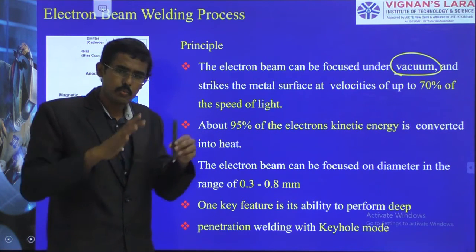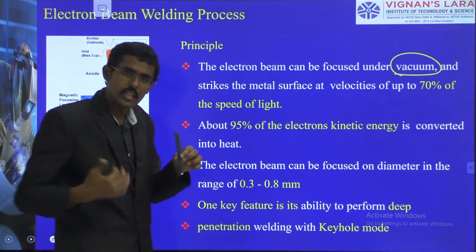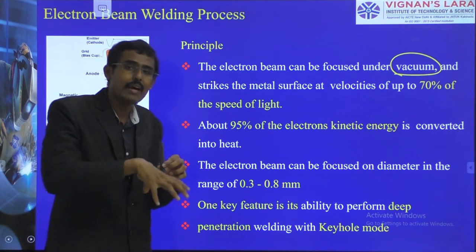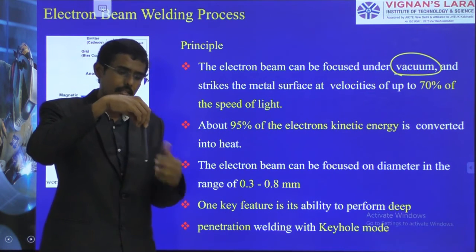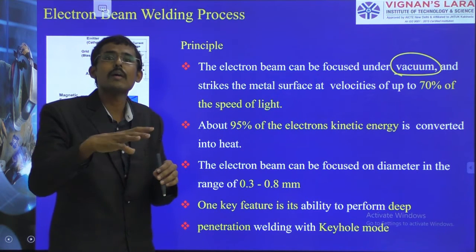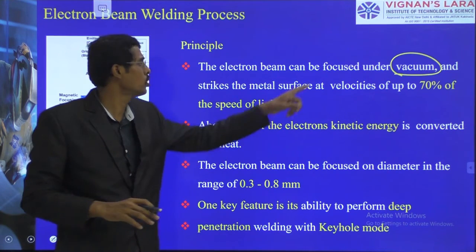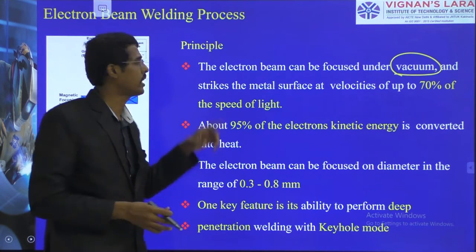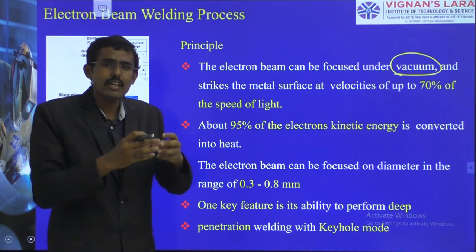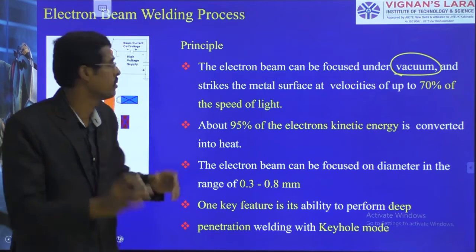Therefore, we have to protect the electron flow from atmospheric contamination. So we use a vacuum chamber where the gun and the workpiece, the entire welding process, take place in vacuum. Until now, we have not talked about this vacuum point in any welding process. But for electron beam welding, to intensify heat, we make the working environment a vacuum chamber.